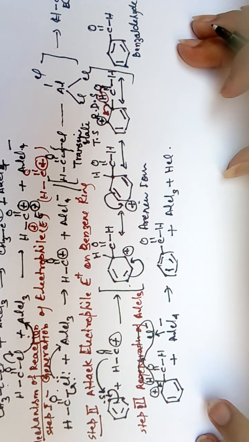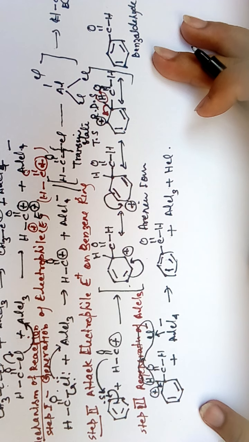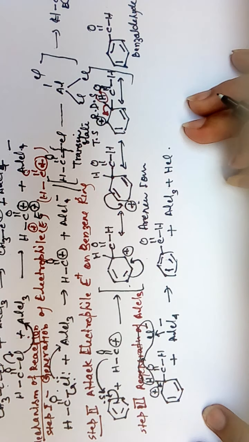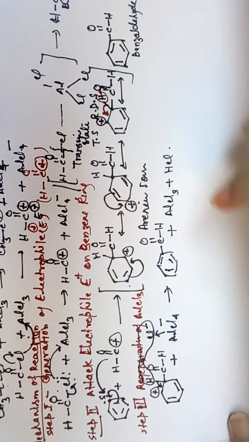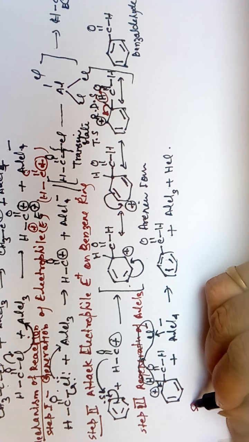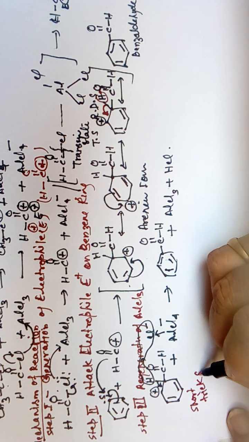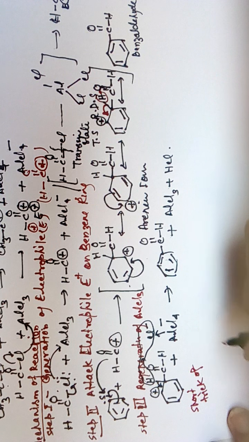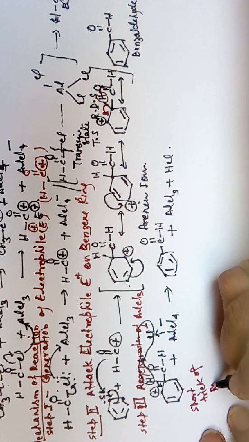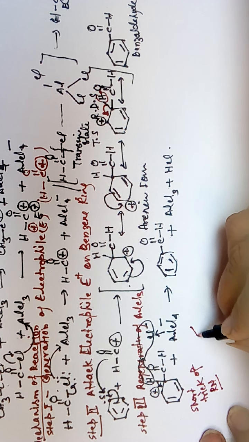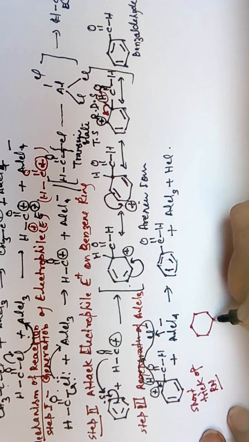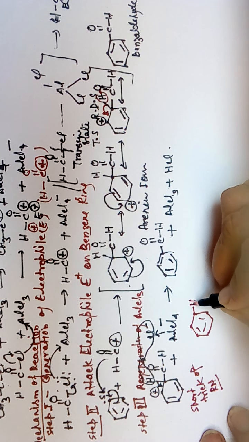So guys, this is the Gattermann-Koch reaction and its mechanism, and here we saw the short tricks of the mechanism of this reaction. Now let's see guys, this is benzene, one hydrogen.